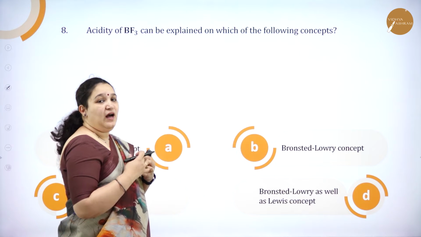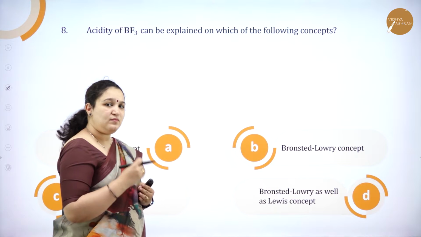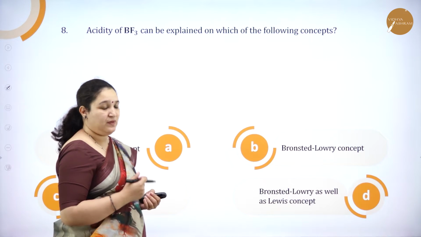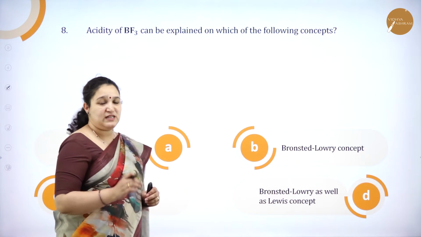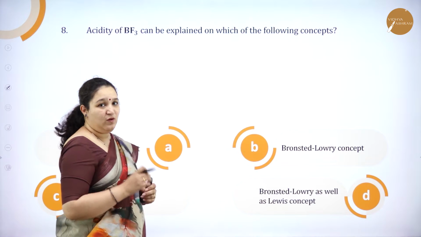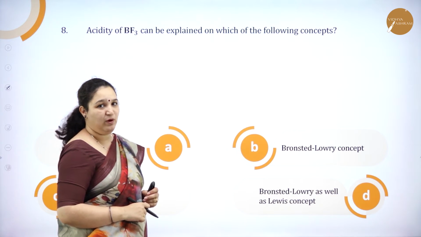Bronsted-Lowry concept, any substance which can give an H plus ion is an acid. If it takes up an H plus ion, it is a base. But Lewis concept is based on electrons. So we'll see BF3, it is acidic we know, but based on which concept can we explain it.